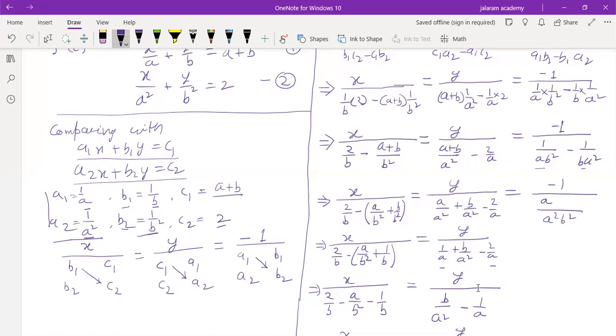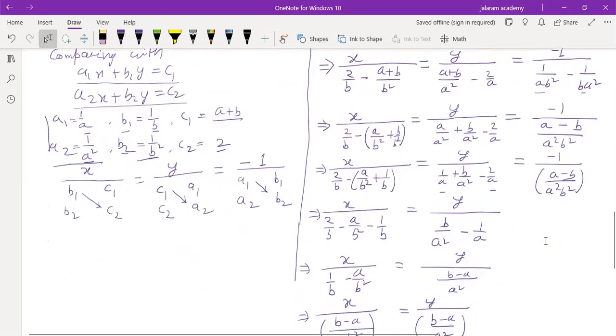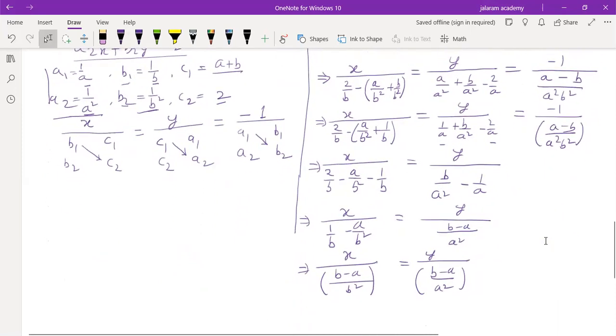Sir, only a, a minus b. So minus 1 upon a minus b upon a square b square. So we write it in the final line directly now, which is minus 1 upon a minus b upon a square b square.